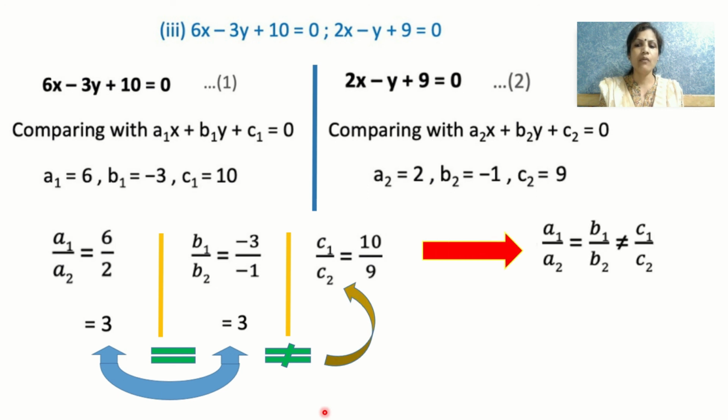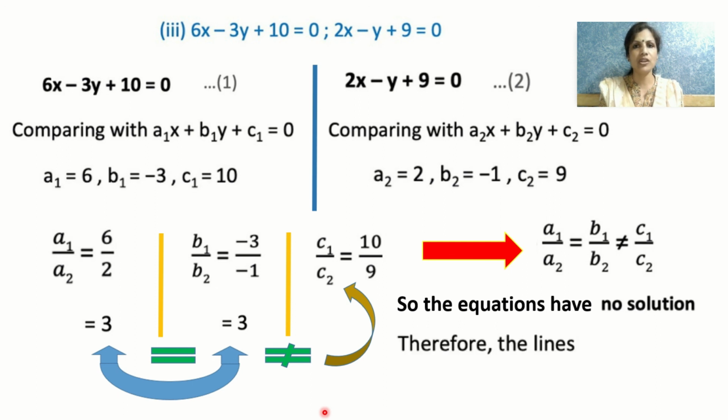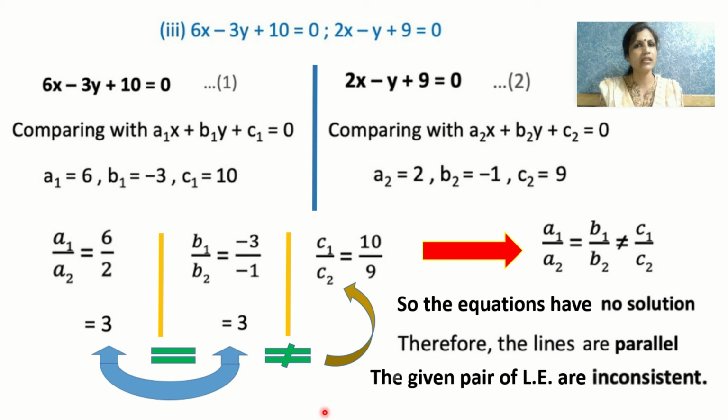So a1 upon a2 is equal to b1 upon b2, but not equal to c1 upon c2, and its meaning is the equations have no solution. The lines will look parallel to each other, and when the pair of linear equations does not have any solution, we call them inconsistent. So the given pair of linear equations is inconsistent.